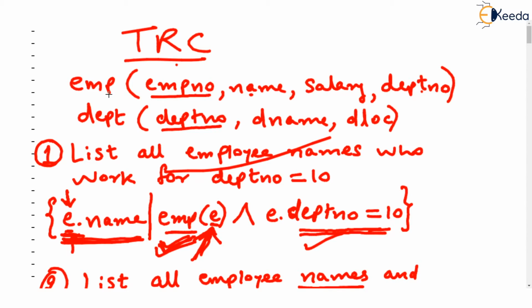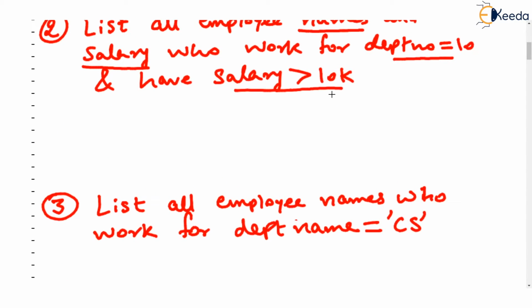We don't have to take help of another relation because whatever we want to display and whatever we want to check, all the attributes are in the same relation. So what will be the query? The query would be that we want to display e dot name, name of the employee, comma, e dot salary, vertical bar.